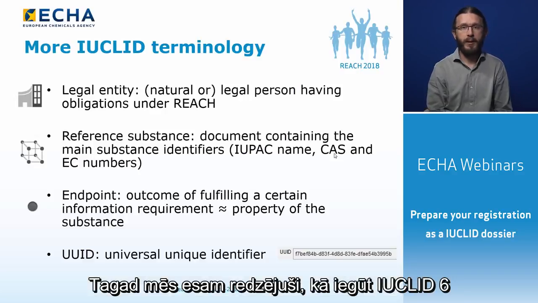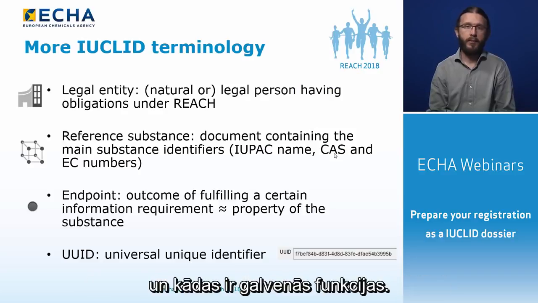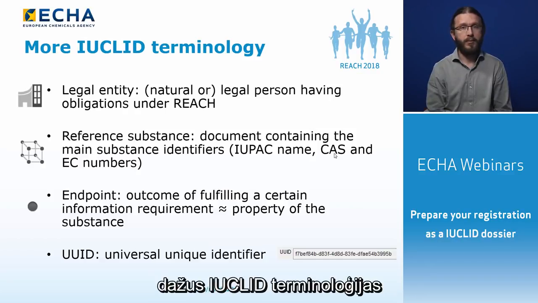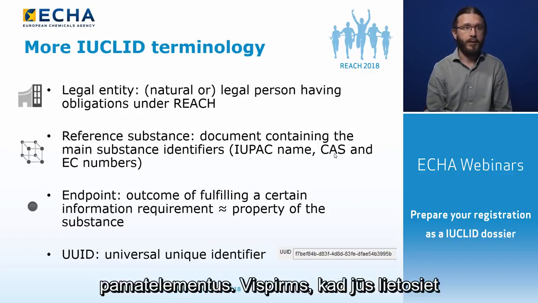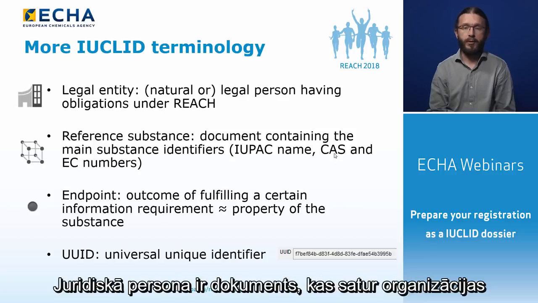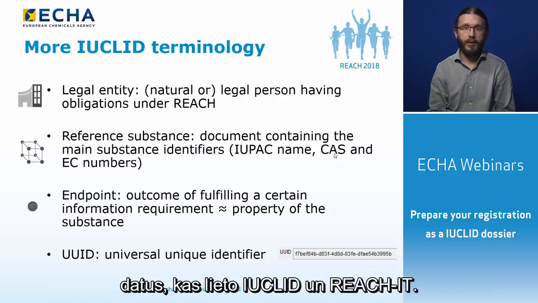We have now seen how to get IUCLID 6 and an overview of the main functions. Before we continue with an overview of the data managed in IUCLID, let's go through some key elements of IUCLID terminology. First of all, when using IUCLID, you will see the term legal entity. A legal entity is a document containing the details of the organization using IUCLID.